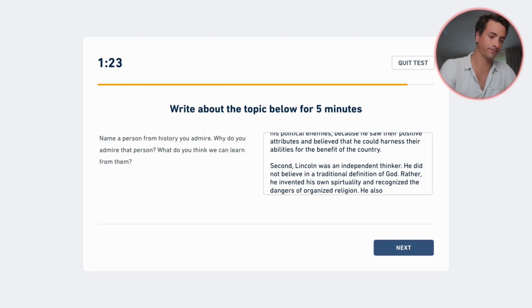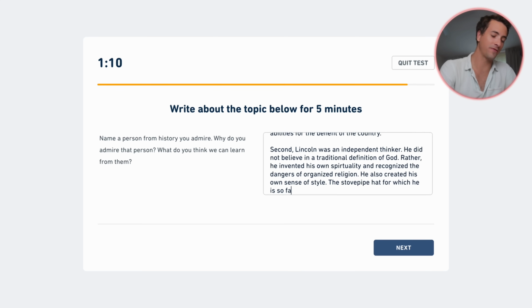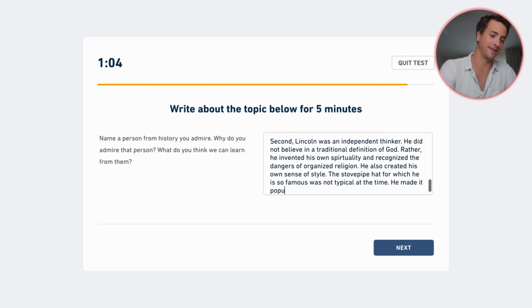He also created his own sense of style. The stovepipe hat for which he is so famous was not typical at the time. He made it popular.